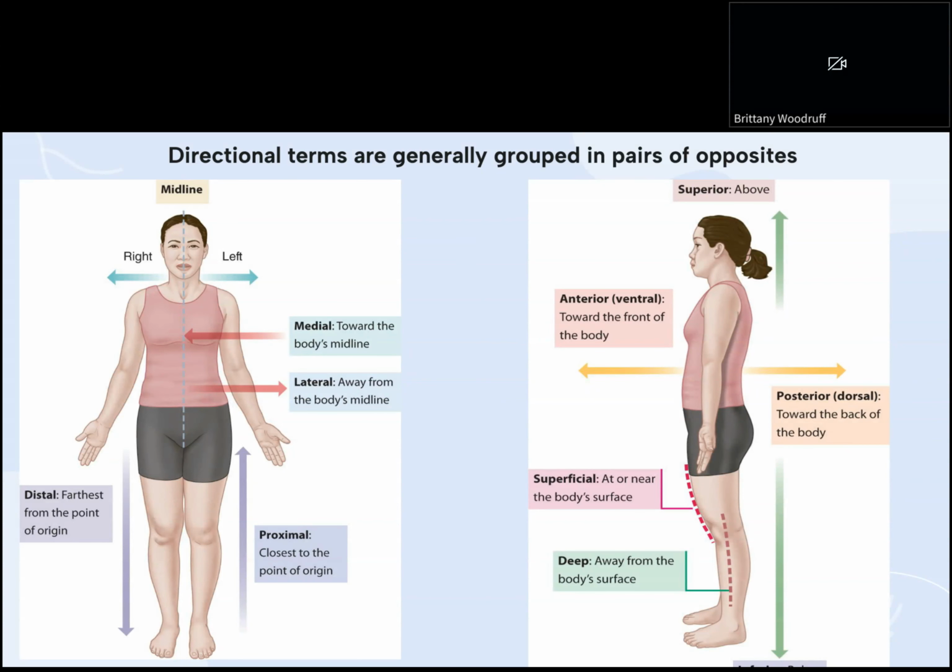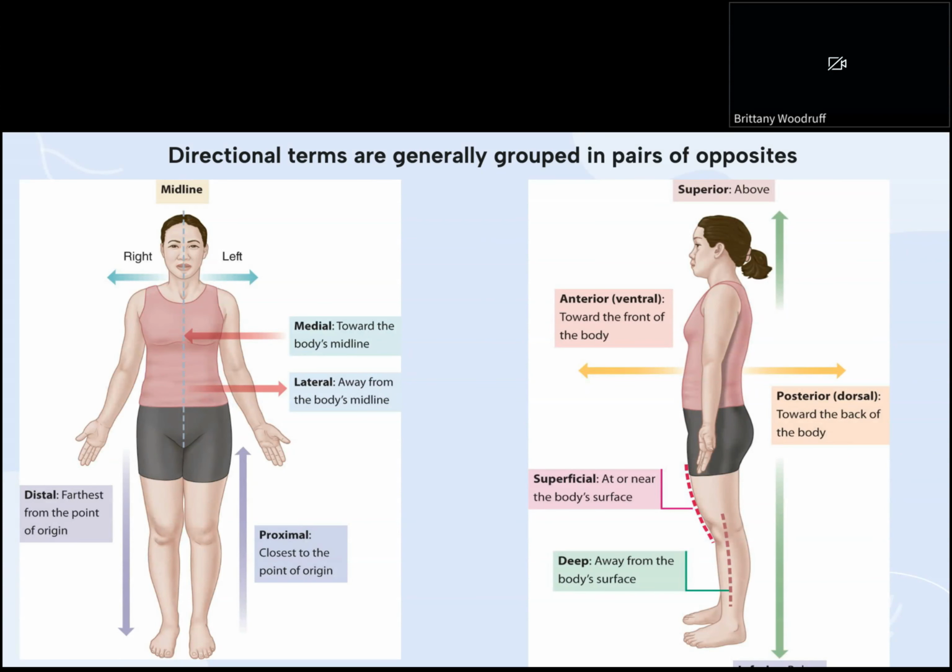Proximal and distal. Proximal is going to be closest to the point of origin. Whereas distal is further from the point of origin. I always think distal means distant. So distal means more distant from that point of origin, where the limb starts.